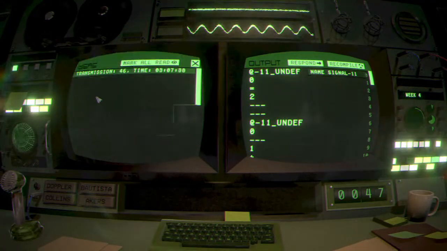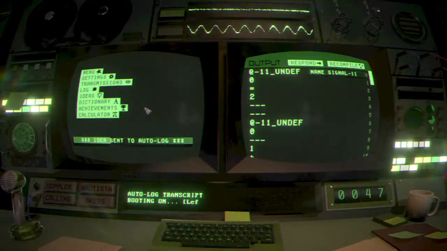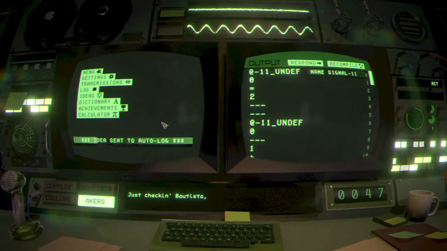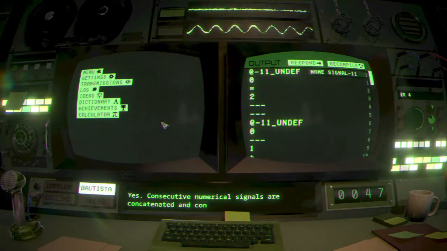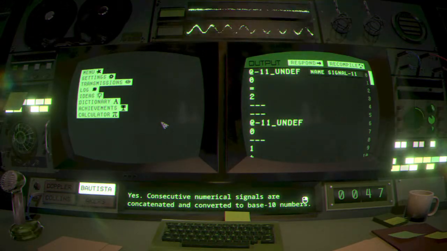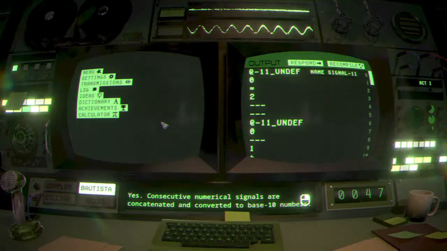Okay, so what are they saying? We're in base 10 now, right? Yes. Consecutive numerical signals are concatenated and converted to base 10 numbers.